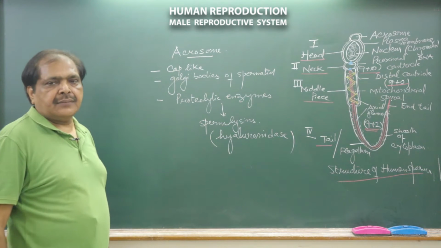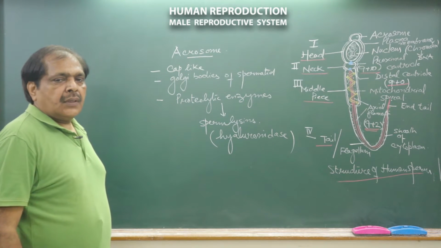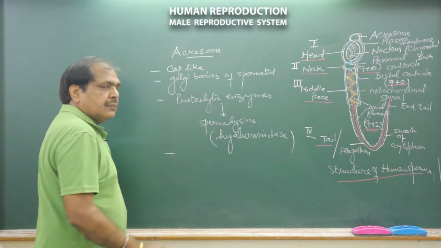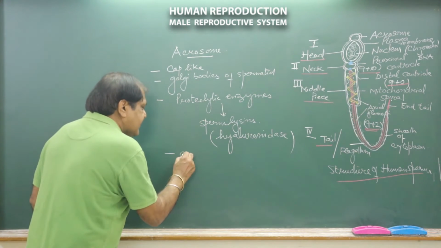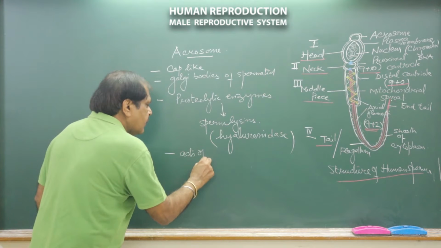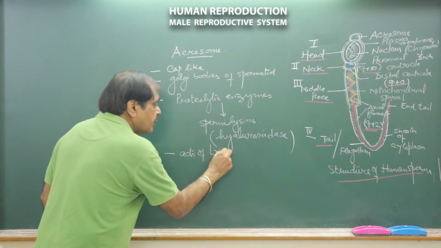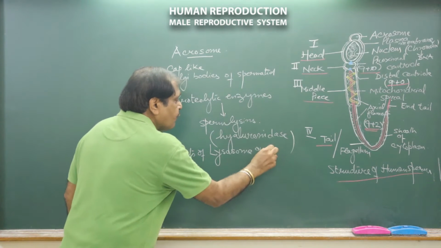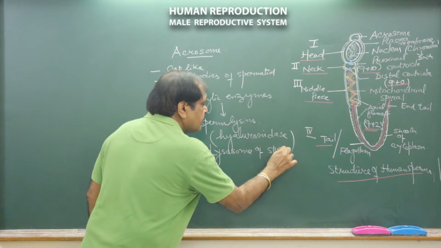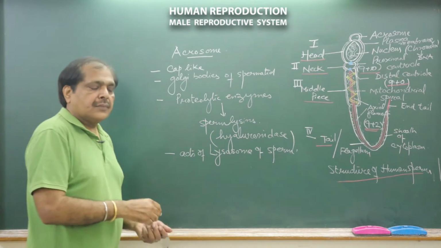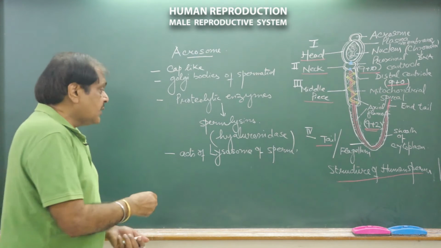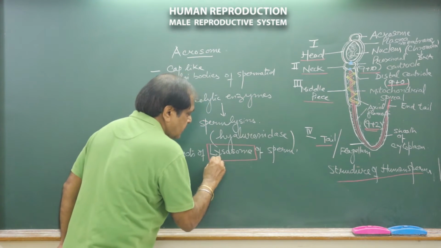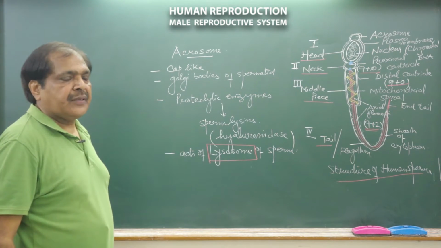It is a sperm lysin. It means we can say that the acrosome acts as the lysosome of the sperm. It's a very important question.